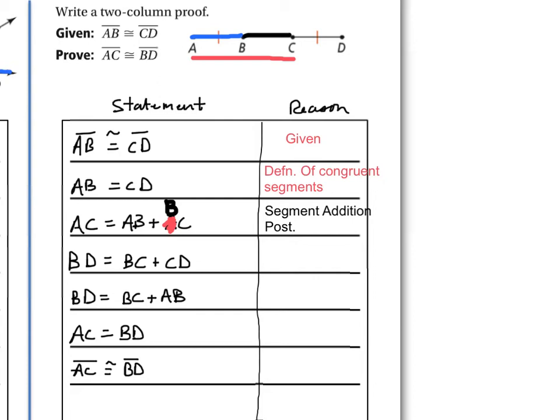Now, the next line says BD is equal to BC plus CD. Well, if I take BC, here's BD right there. If I take BC and I add CD to it, again, part plus part equals whole. So we're going to do essentially the same thing.